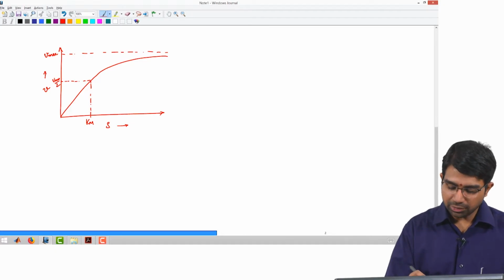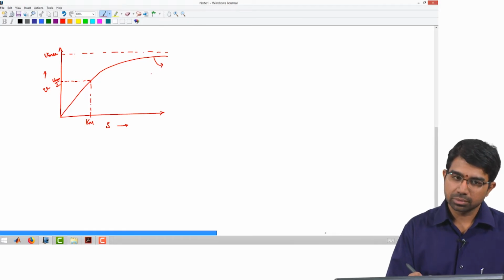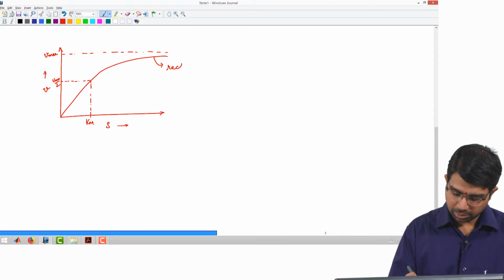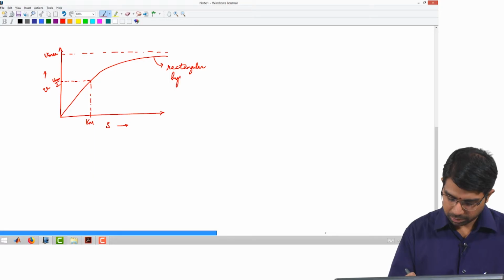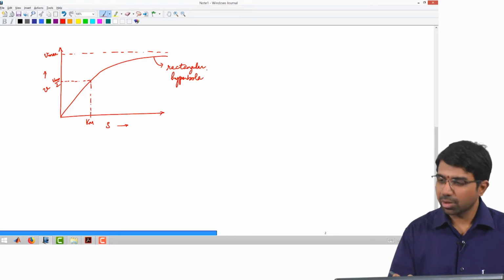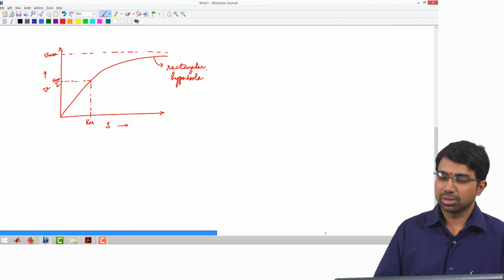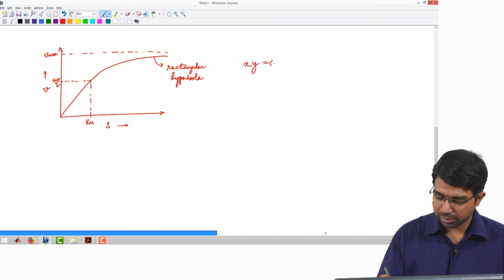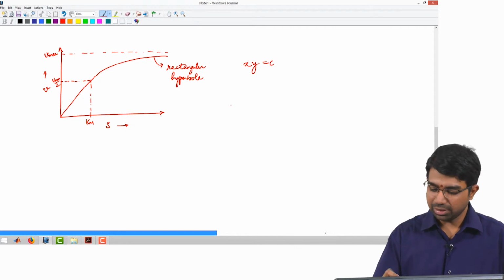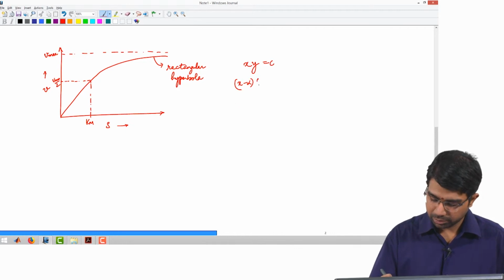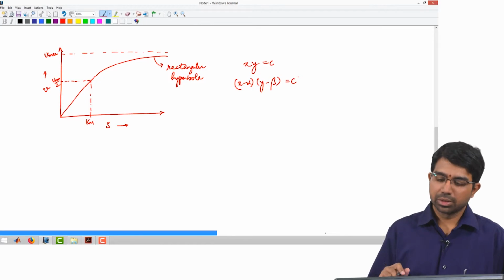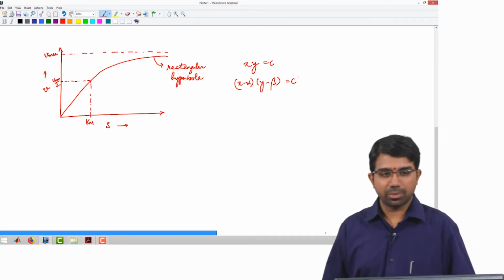What is the shape of this curve? What is a rectangular hyperbola? What is the canonical equation for a rectangular hyperbola? xy equal to c, or rather, you can see that you can write the Michaelis Menten equation in that form.